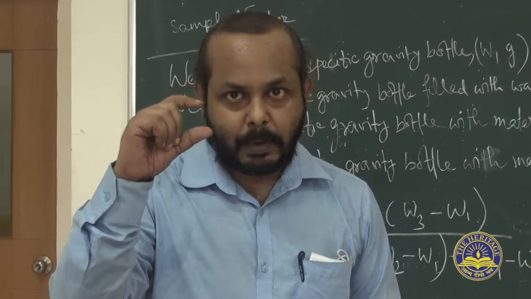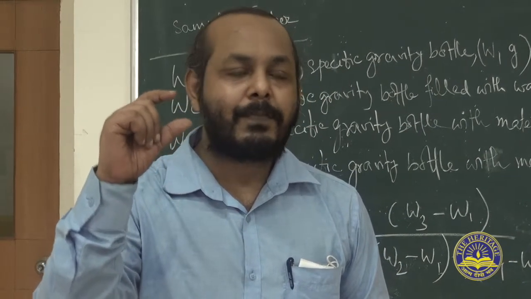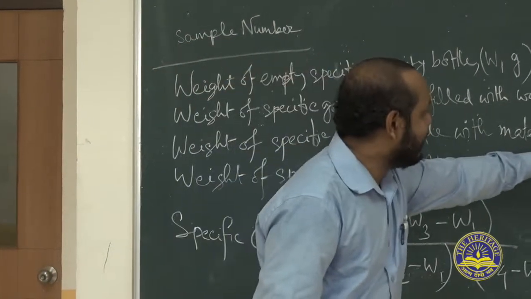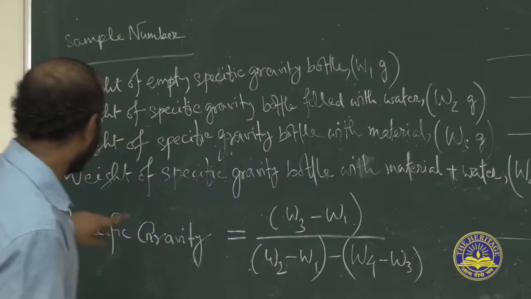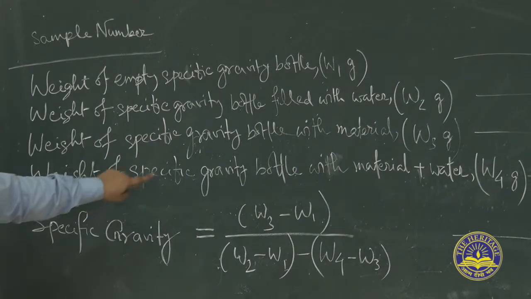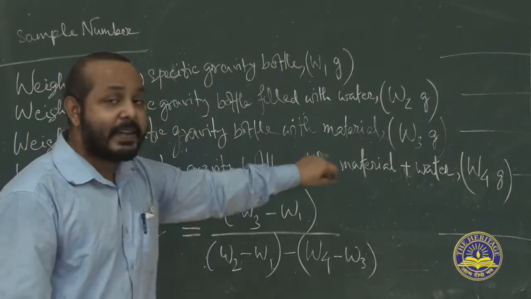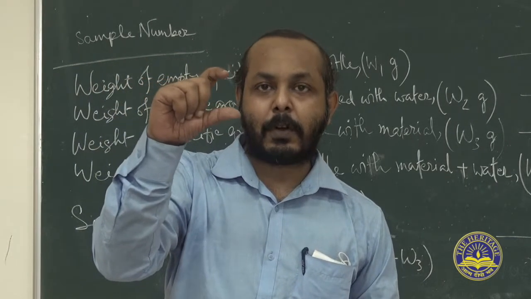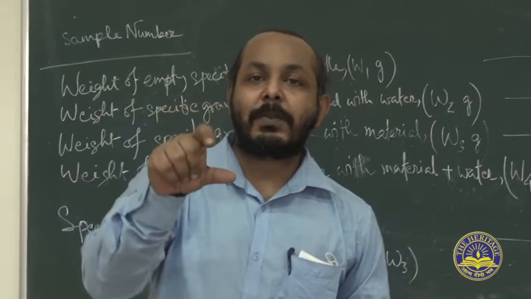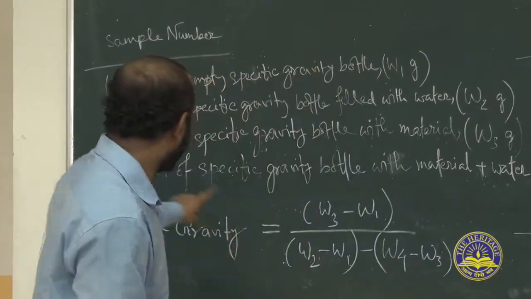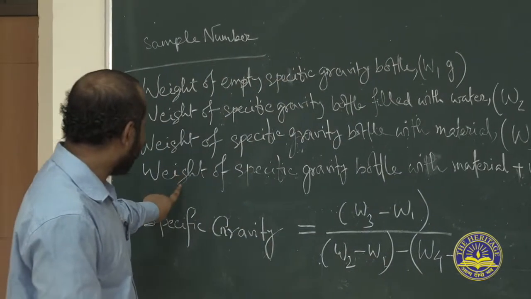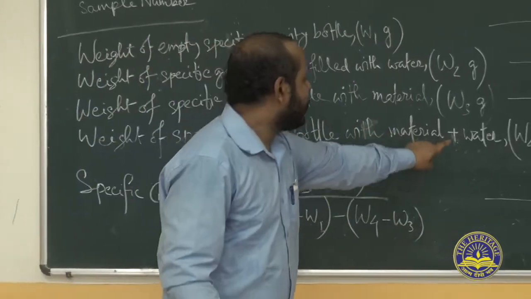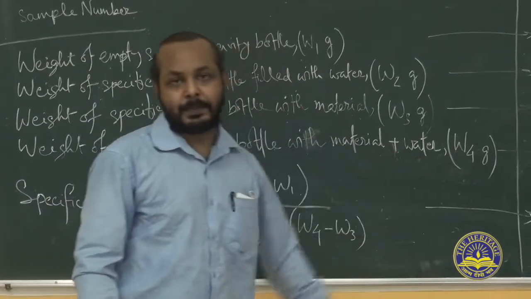The bottle will be filled about 50% with the material, and that weight is W3. Then the rest of the volume is filled with water, and we take the weight of the specific gravity bottle with material plus water.